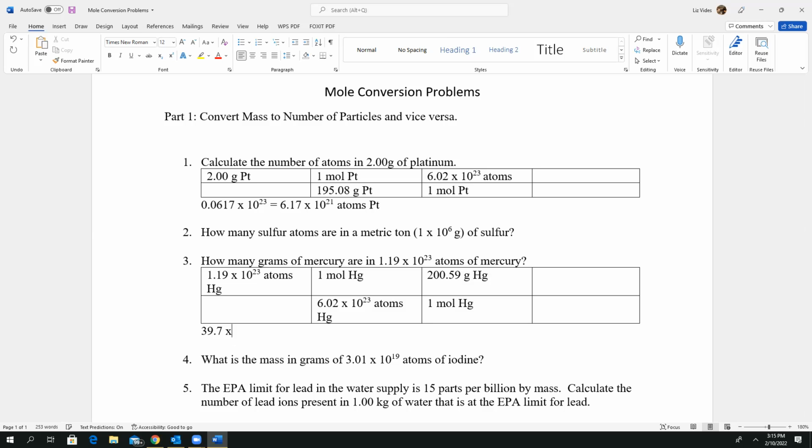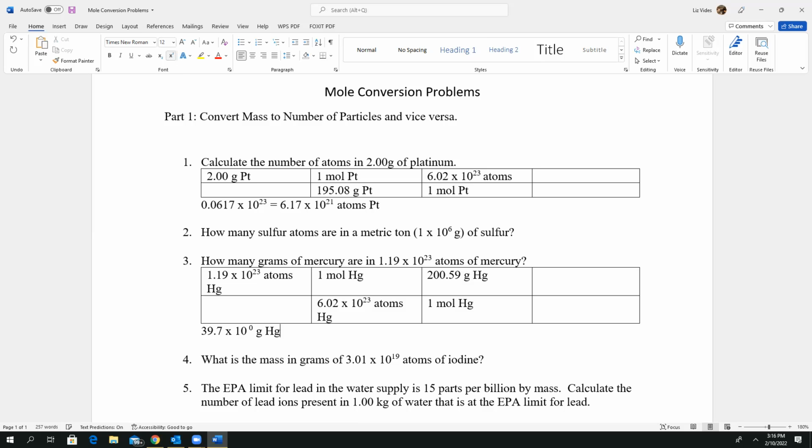And that would be times 10 to the what? The top one is 23, the bottom is 23, so they would cancel out, right? So 10 to the 0, basically, grams of mercury. Sorry, I meant to bring this down, grams of mercury.